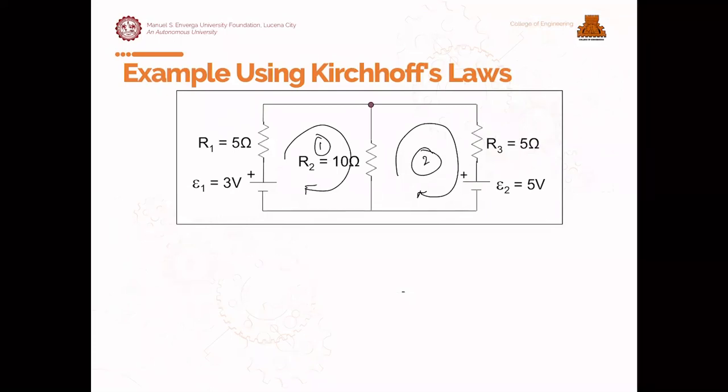So, lagyan natin ng flow. Assumption flow natin is pa ganito. Then, downwards dito. Then, ito, tayo natin upward. Then, papunta dito. Okay? So, kung ganyan yung flow, dapat ito maging positive, negative, positive, negative, positive, negative.